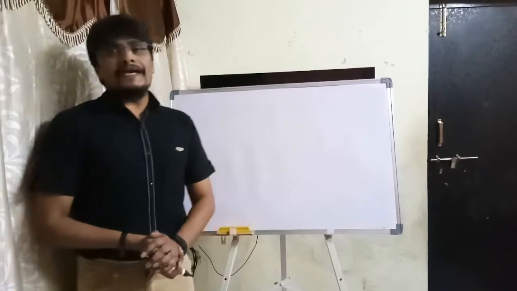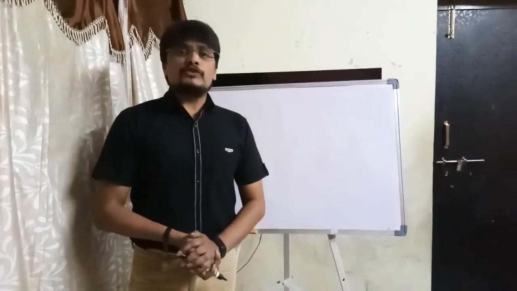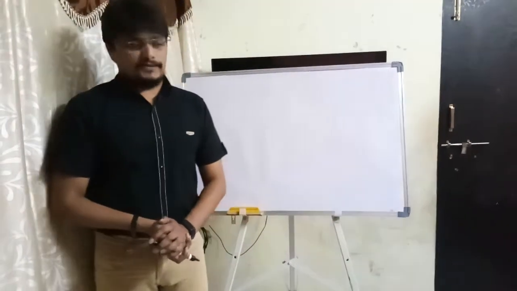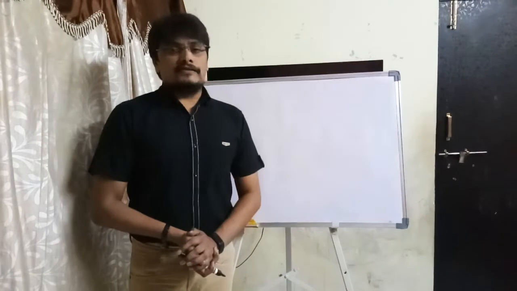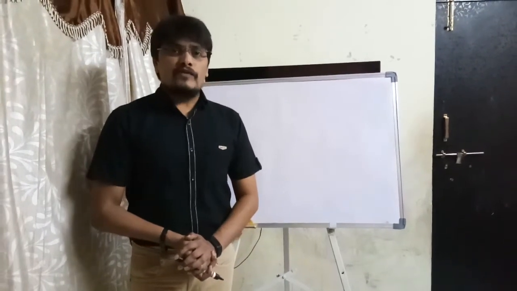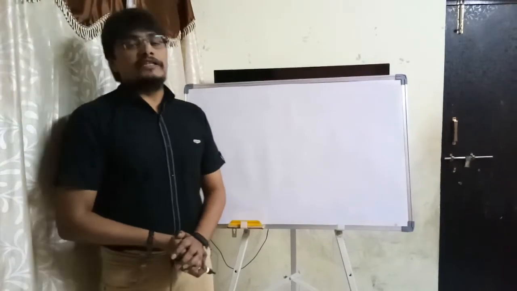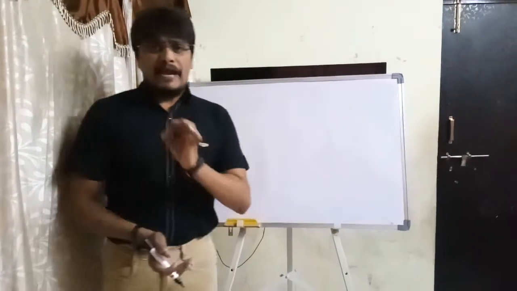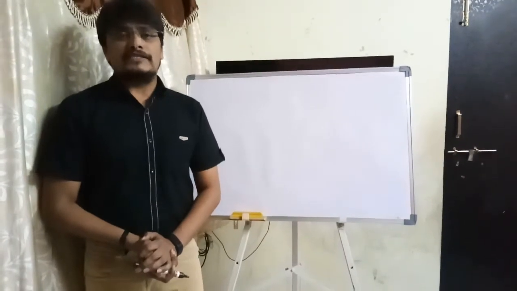Today I am going to make the video on crystal field splitting in square planar complexes. Before going to discuss it, in the previous video I have clearly explained how the crystal field splitting happens in the square planar complex.